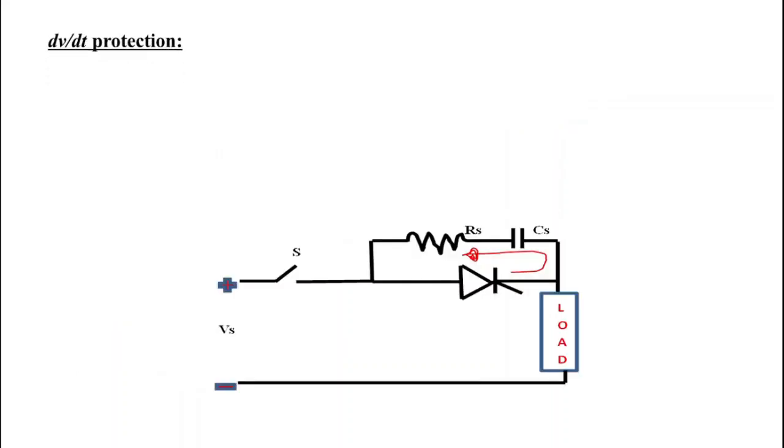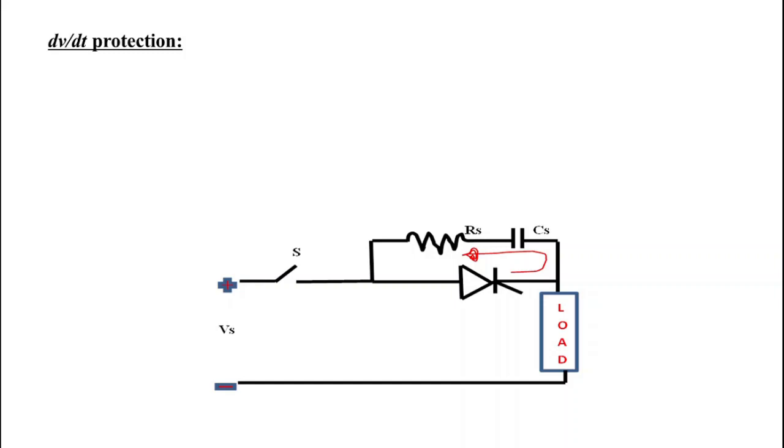Now next is dV/dt protection, and this is really important. dV/dt turn on method has already been told to you in my previous lecture, and that was a triggering method of SCR. If rate of rise of anode to cathode voltage is high, then SCR may get turned on.